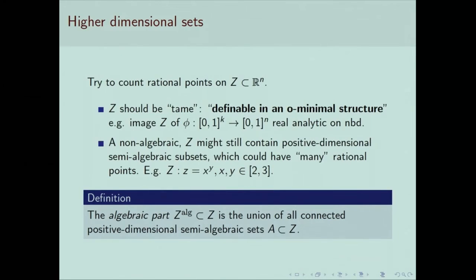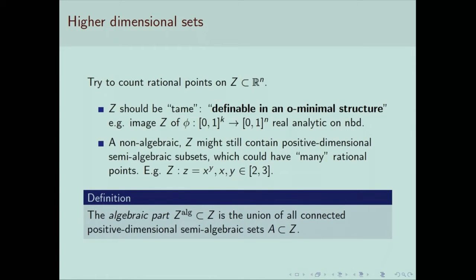Okay, so now I want to talk about higher dimensional sets. So we take some set Z in R^n, and we want to count rational points. Our idea is that if this set Z is non-algebraic, then it should have few rational points. And we want some general estimate of this kind.